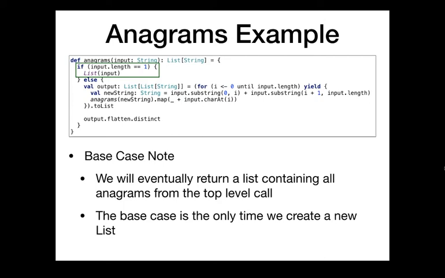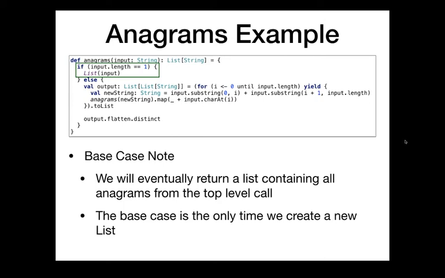But also note, and this is common with recursion, that even when we're returning an entire data structure in this case, or the geometric sum in the other case, even when we're returning something that contains a lot of information, the sum of all the numbers n to 1, or all the anagrams of a string, we're usually only initializing that in the base case, and then in the recursive step we're adding to that.